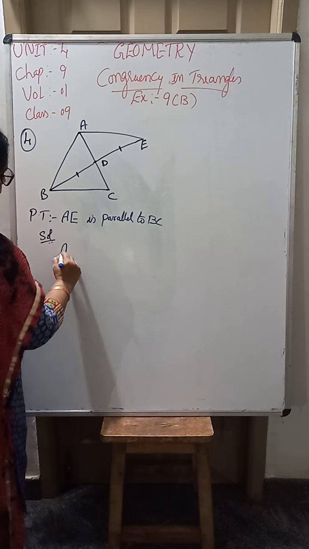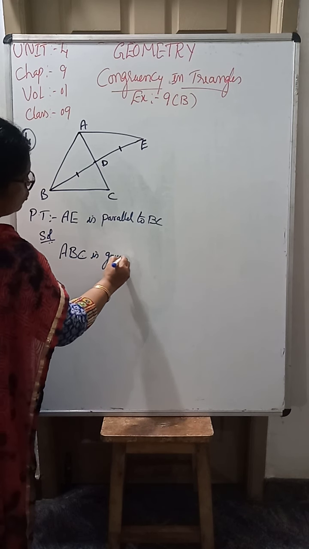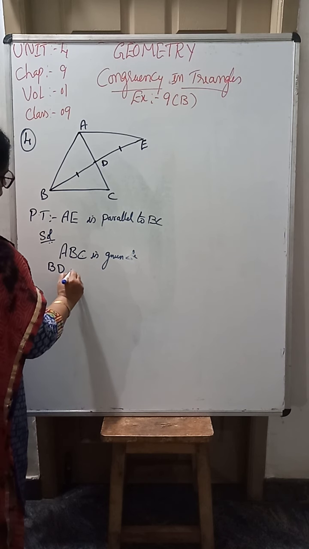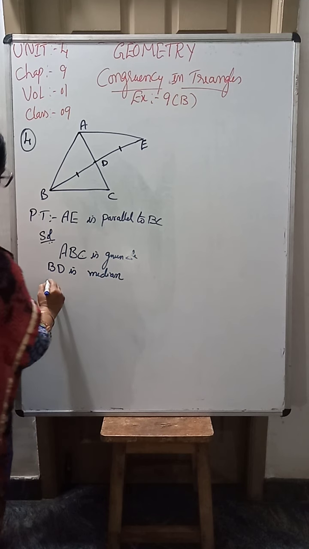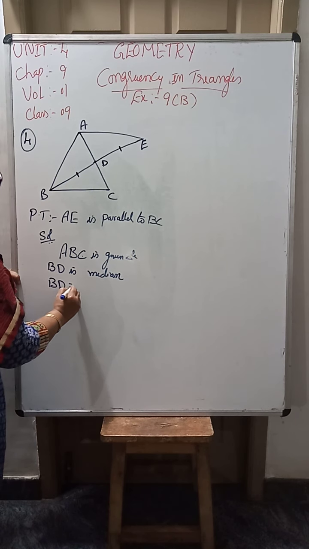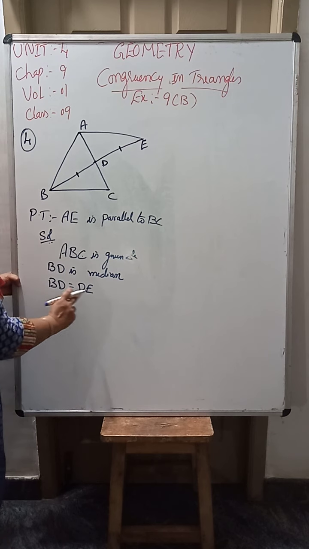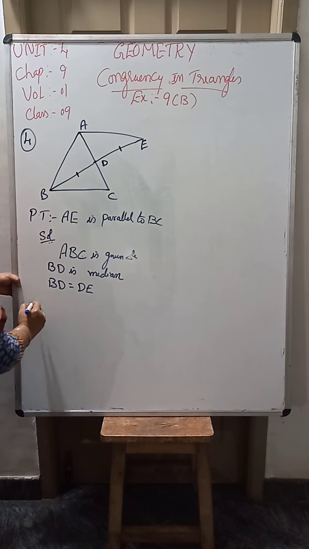ABC is given triangle. BD is median. BD is equal to DE. These are the things they have given and we have to prove AE is parallel to BC.